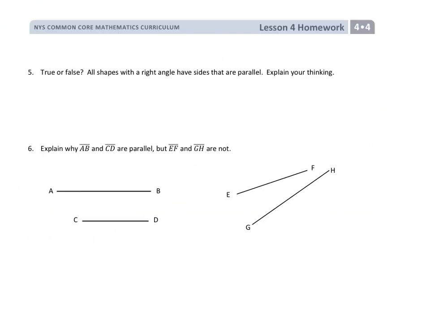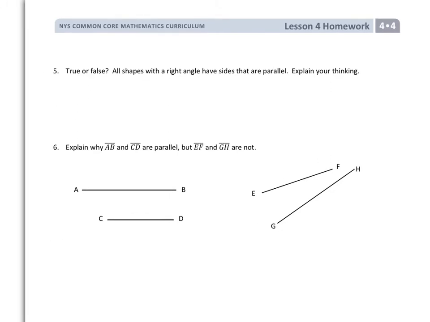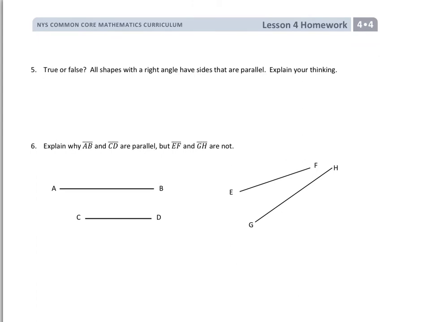So on question 5, it says true or false, all shapes with right angles have sides that are parallel. Explain your thinking. So when we think about shapes that have right angles, those are things like rectangles. Those are things like squares. Those can be things like pentagons.